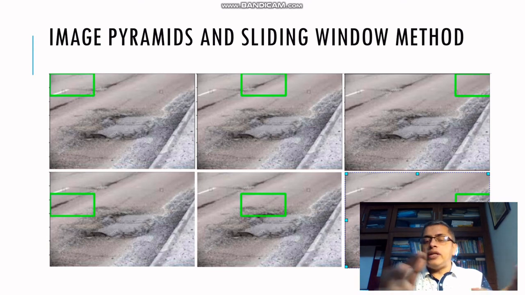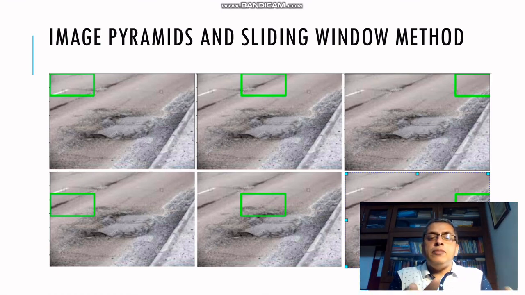After you get a lot of these regions of interest where there is a high likelihood of these objects, you do a method called non-maximum suppression. Non-maximum suppression is basically to suppress the different bounding boxes.